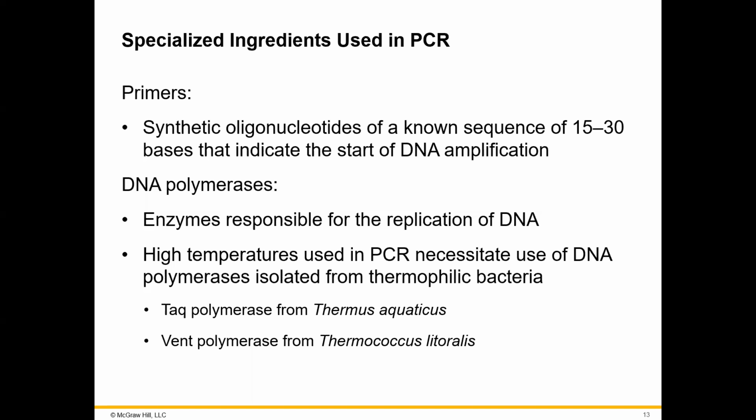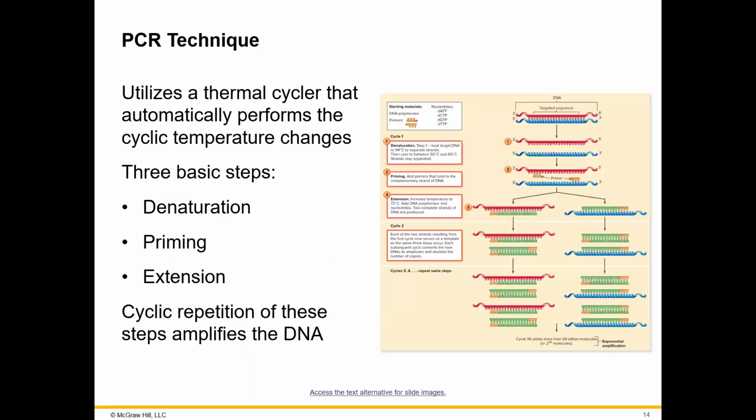So we found some bacteria in deep sea hydrothermal vents, the ones that are super hot, and their DNA polymerase is naturally heat resistant. So, there you go, we stole it.